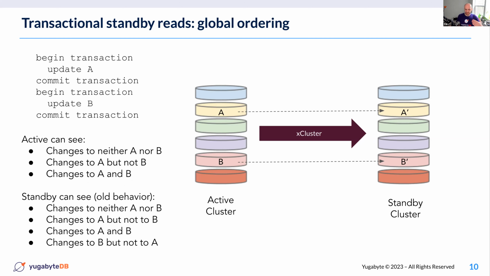If you execute transaction A and then transaction B on the active cluster, you expect to see the same order of transactions on the standby cluster, meaning that if you see the result of transaction B, you should also see the results of transaction A. Again, if they happen to be in different tablets, they could be reordered prior to 2.17, meaning it was possible to see update B without seeing transaction A, which happened prior to the transaction that updated row B. This is one more gap that we closed.